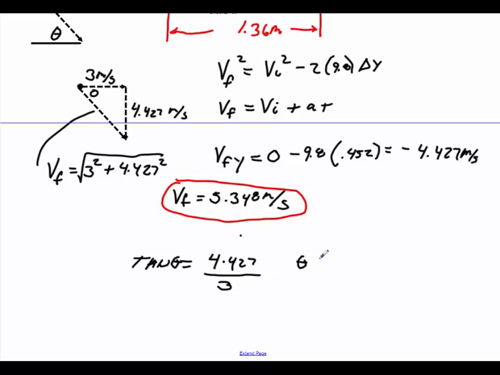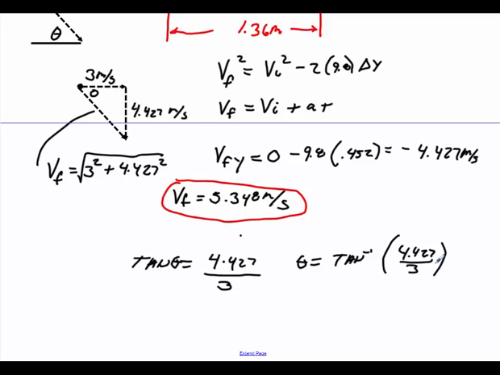So theta is going to equal the inverse tan of 4.427 divided by 3. We run that value there, second tan, second answer.